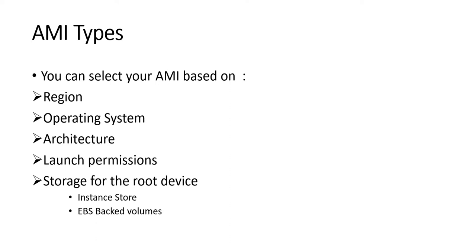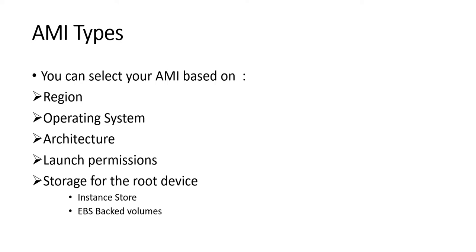Operating system architecture might be 32 bits or 64 bits. Launch permissions, and storage for the root device, that is the root device volume, and this can be of two types. One is the instance store, which is also known as ephemeral storage, and the other one is EBS backed volumes.